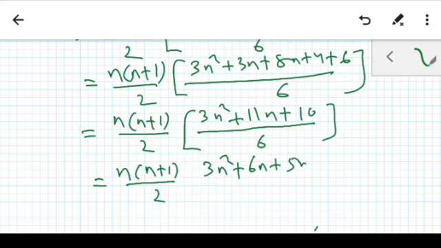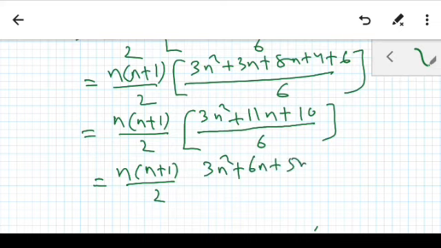Okay, so now let us see, that is equal to n into n plus 1 divided by 2. If I take 3n common, n plus 2 plus 5 whole into n plus 2 divided by 6. So it is equal to n into n plus 1 divided by 2.